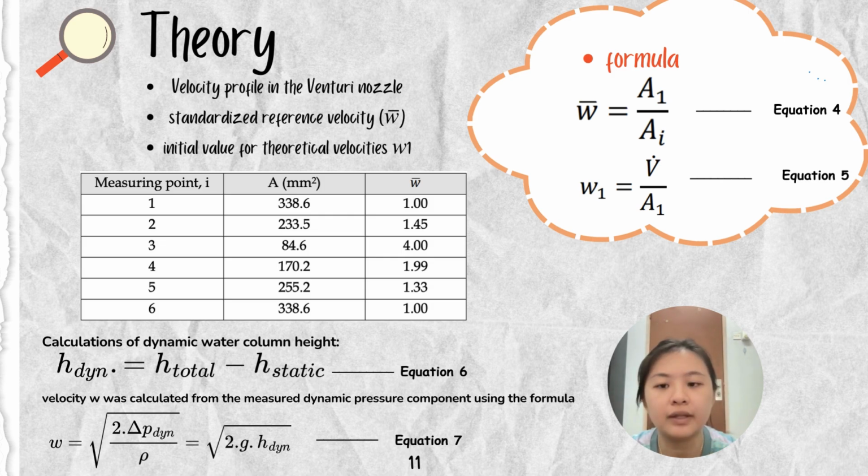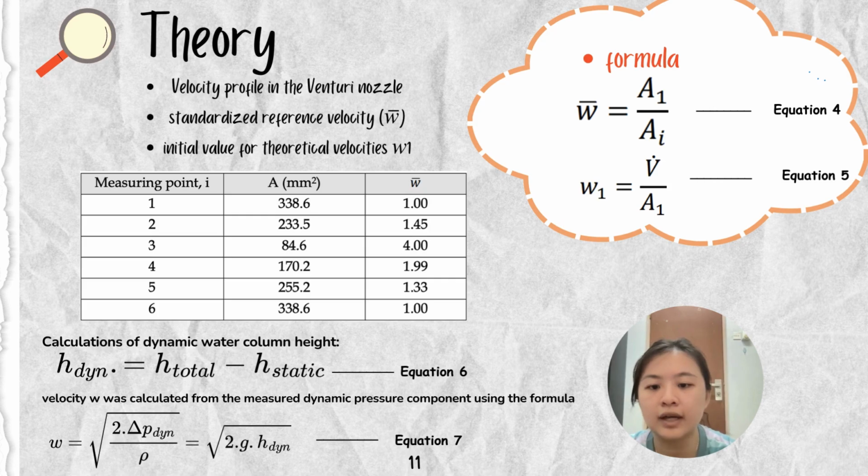We divide the venturimeter into 6 points, and then we get each area divided by a reference A1, which is 338.6, and then we have equation 4. Equation 5 is when we already have the volumetric flow rate and also the area, so we can calculate W1, which is the theoretical velocity.